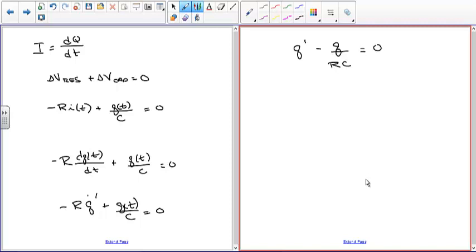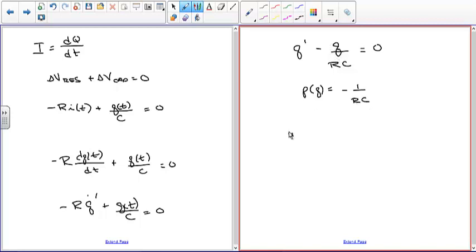So now it's in standard form. So I identify P, in this case P of Q instead of P of X. That's equal to negative 1 over RC. That's the coefficient in front of Q.